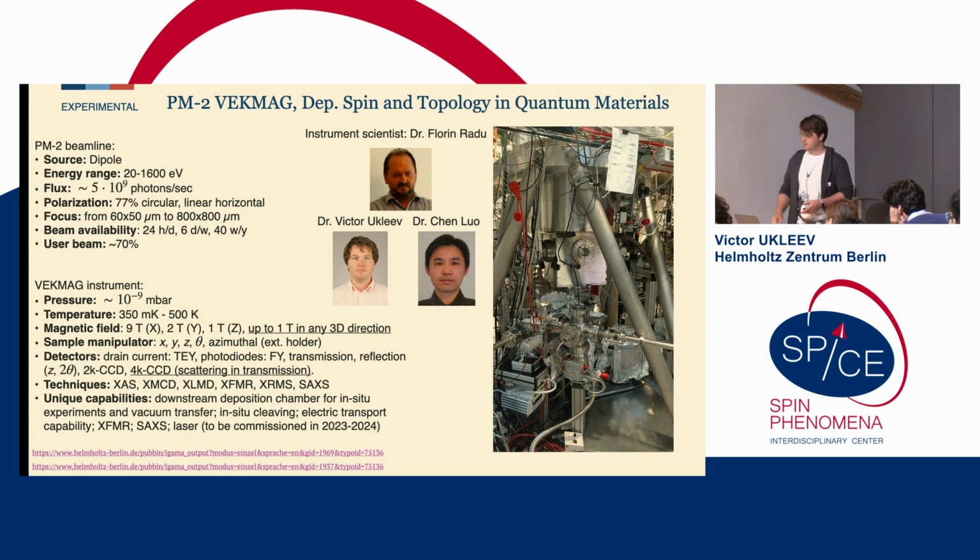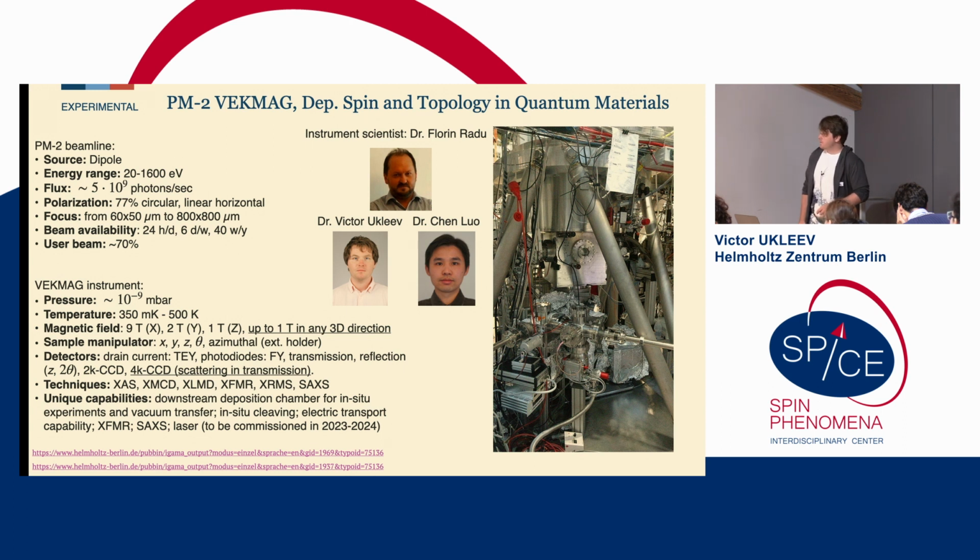It provides X-rays in the energy range from 20 to 1.6 kiloelectron volts. We have about 5 times 10^9 photons per second with 77% circular polarization. We can tune the beam size from a few tens by tens of micrometers to about 1 by 1 millimeter.